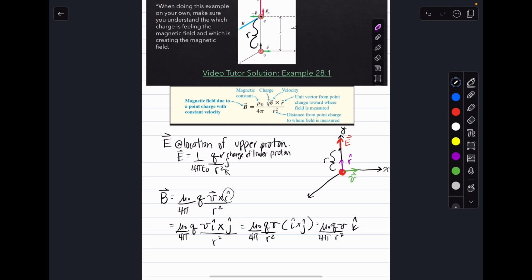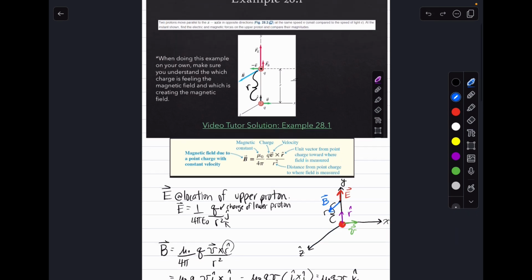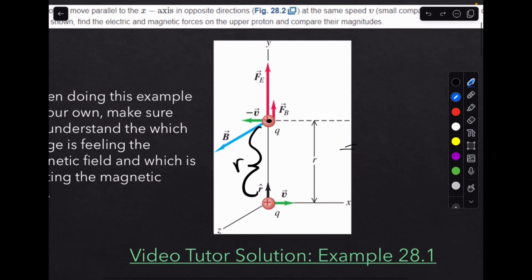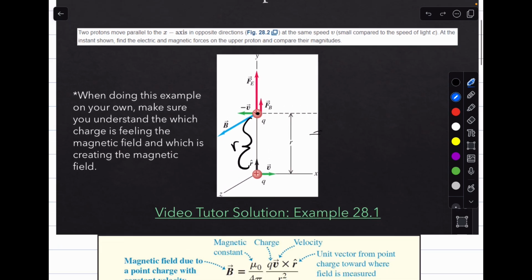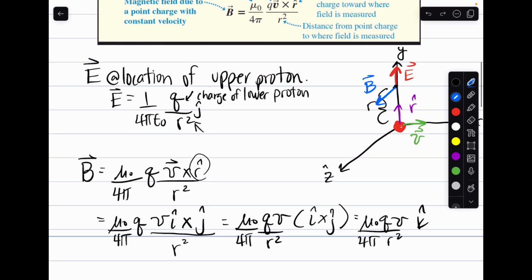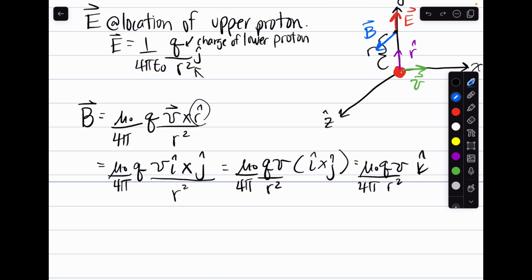So the direction of the magnetic field is in the k hat direction or the z direction. So it's actually like this, parallel to this axis, just like in the picture now. Now it makes sense why B is looking that way. So there's B. B is in the k hat because v is in the i and r hat is in the j, and i cross j is k.